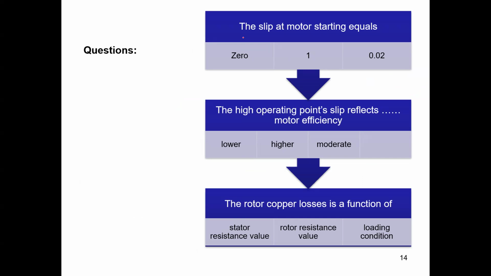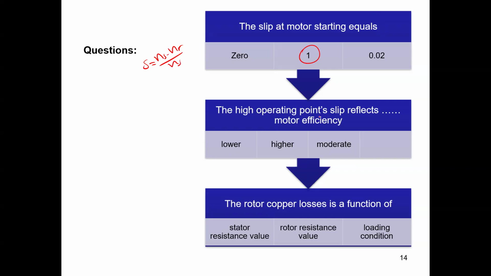The slip at motor starting equals, according to the relation, slip equals ns minus nr divided by ns. At starting, 0 speed means slip equals unity.